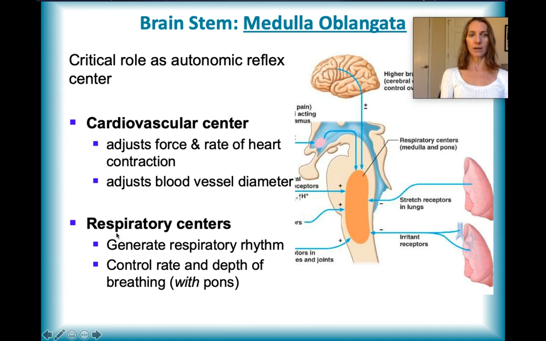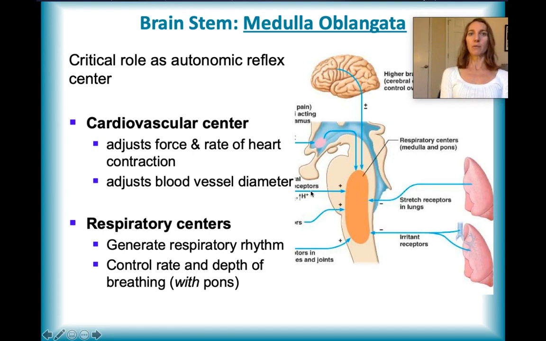In addition, another really critical one, the respiratory center. Don't worry about learning the details of this right now, but just to illustrate, you have input coming from stretch receptors in your lung. You have chemoreceptors in your lungs that can sense irritation, pH receptors, CO2 receptors.